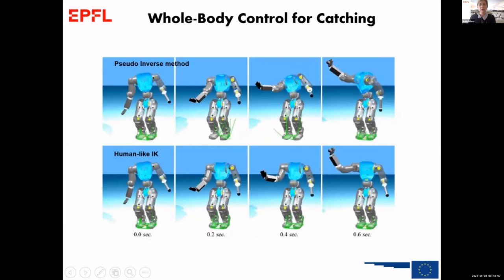grip. Now, in order to decide on what will be the posture of the joints of the humanoid robot, we contrasted two things. One is to use the standard pseudo-inverse method that you have on top. And the second one was to have a human-like inverse kinematics. So by human-like is simply to do the pseudo-inverse, but use the human learned dynamical system that represents the posture that you like to have, and to take this as the reference for your pseudo-inverse.